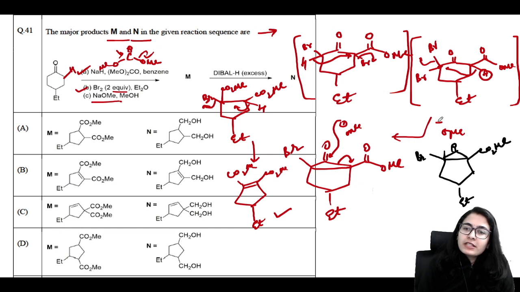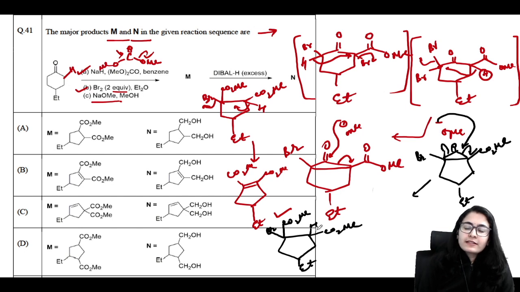Next, the methoxy is going to attack over here on this carbon. The bond opens up, and let's say the bond opens on this side. So you are still getting a similar molecule. One bromine, another CO2Me on this side, and this side you have a hydrogen.